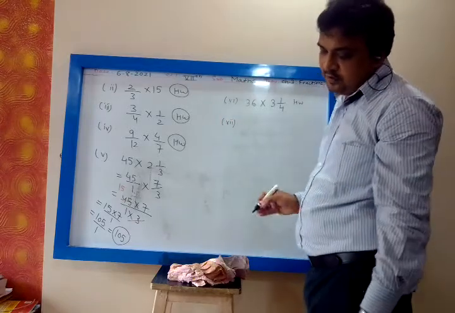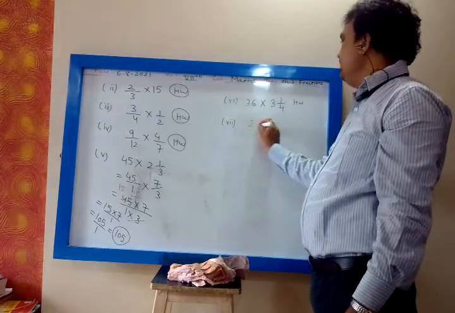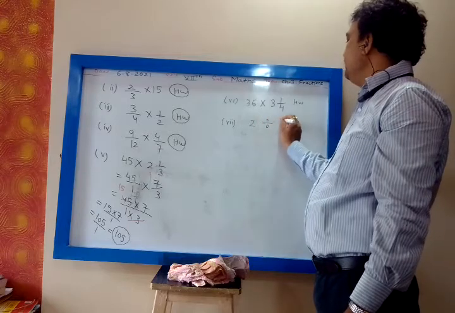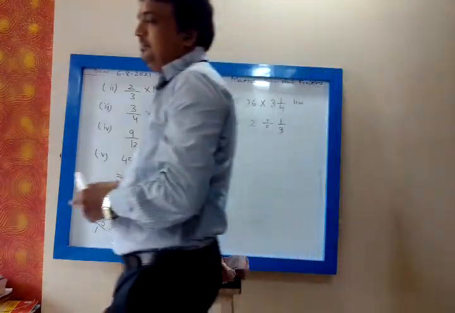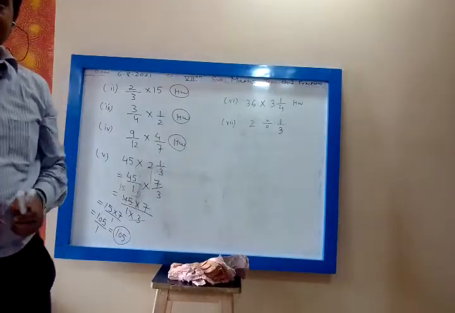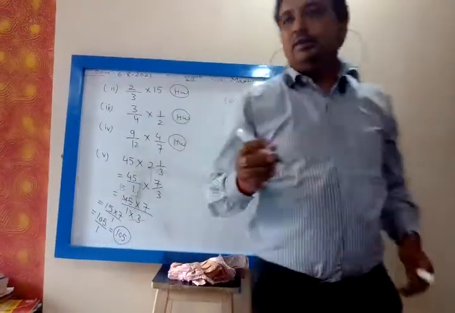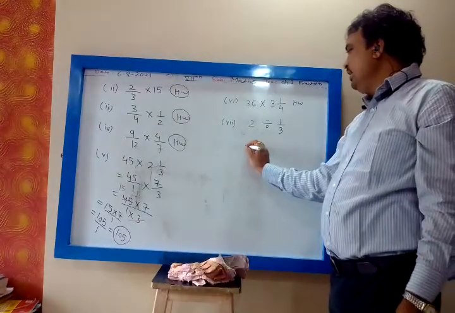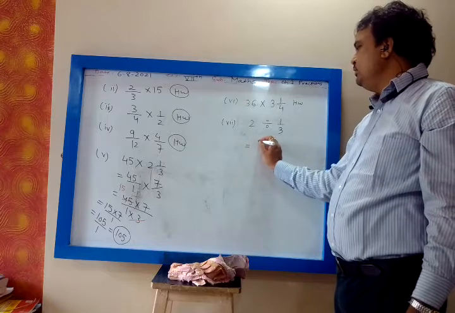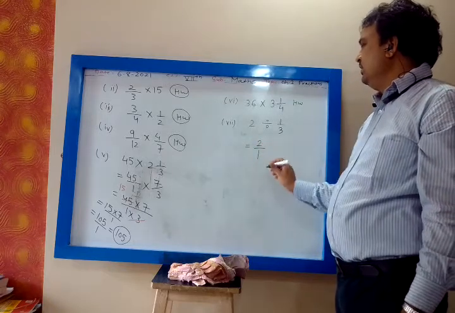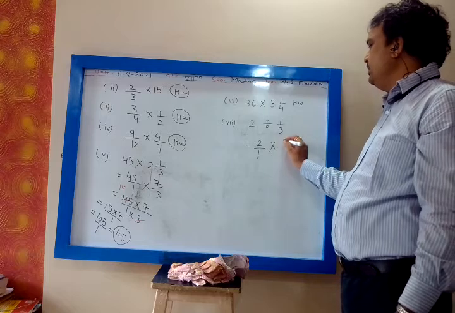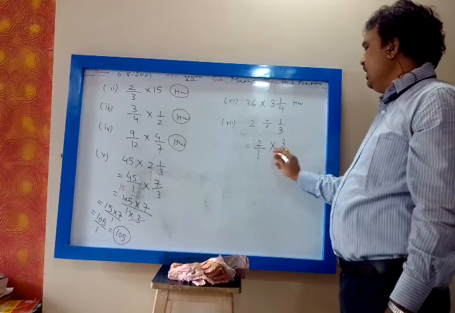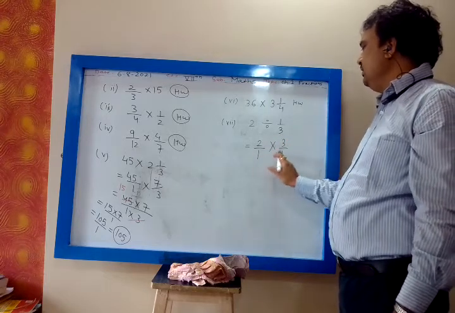Then seventh one, 2 divided by 1 by 3. Now this is division, my dear. So what will you do? You will write 2 as 2 upon 1. Then division we write as multiplication. Then we take reciprocal of 1 by 3 upon 1. Now multiply numerator to numerator, denominator to denominator.